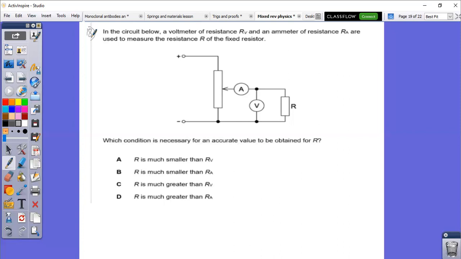I feel like it's C or D. Not quite. Okay, it's A or B then. Yes.